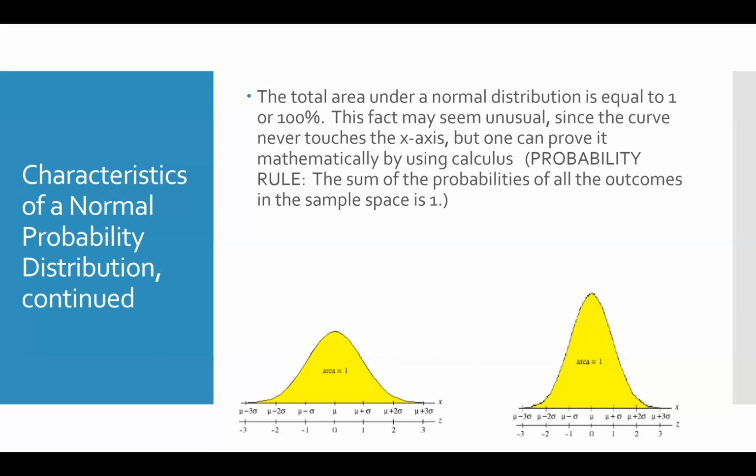It even says here, this may seem unusual since the curve itself never really touches the horizontal x-axis. I could prove that to you, but it would require calculus. The whole premise of calculus is based on determining the area under any shaped curve, not just a normal distribution. But the area between the horizontal number line and that continuous symmetric bell-shaped curve, regardless of how it's shaped, is 1.